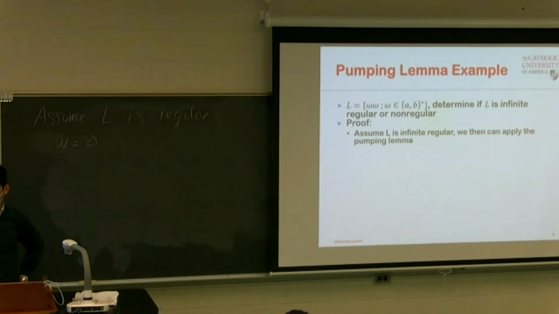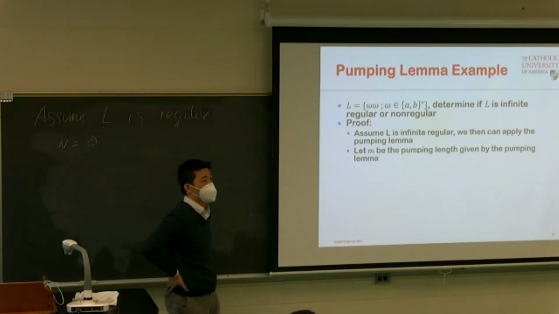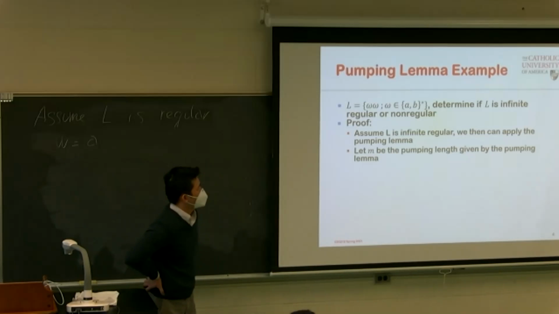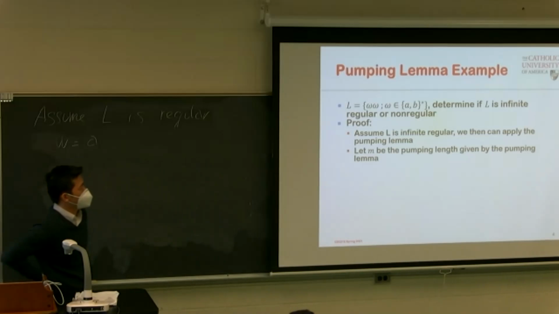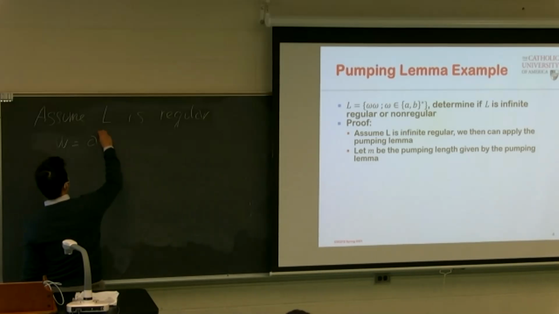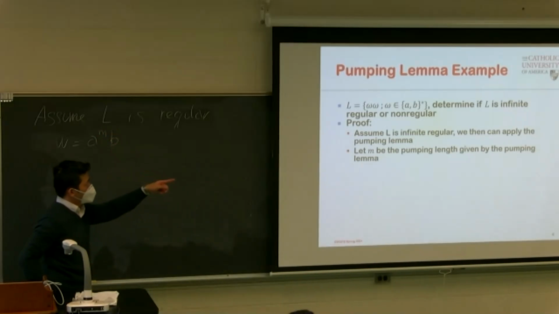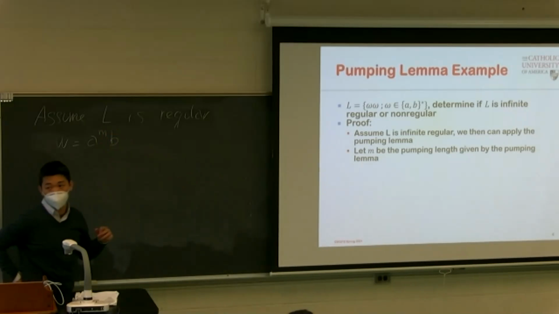What it says is that we can pick some value m, and that value m is given by the lemma. So if we pick w to be the same as I showed earlier, a to the m b or a to the n b, doesn't matter. But here, if I pick m there, that would be this w.